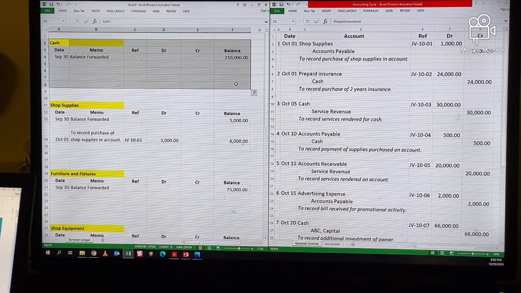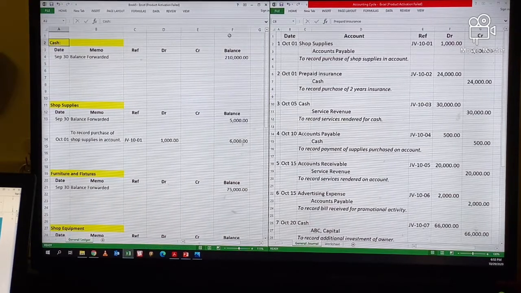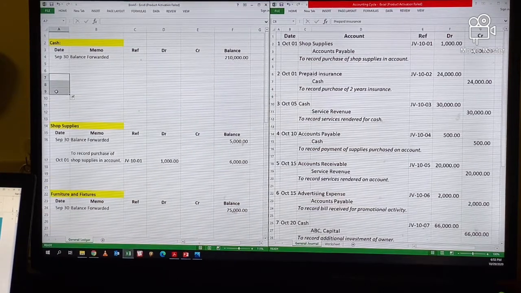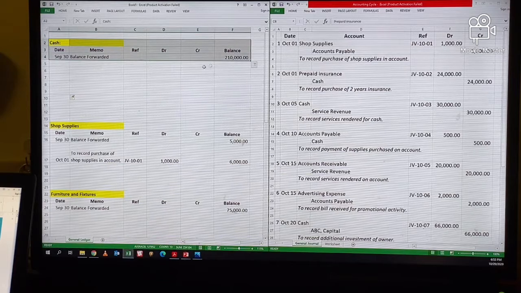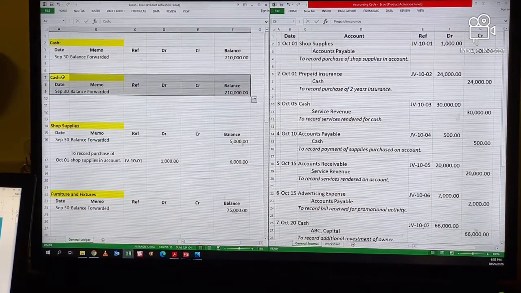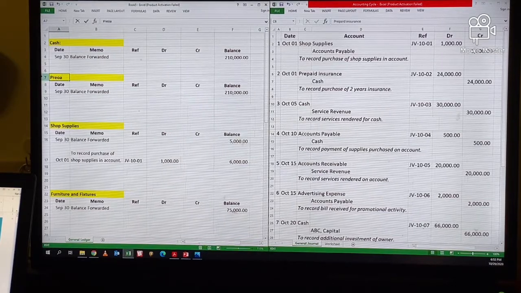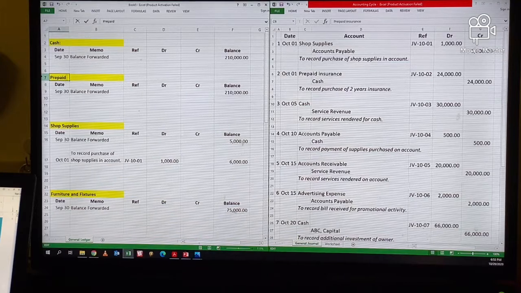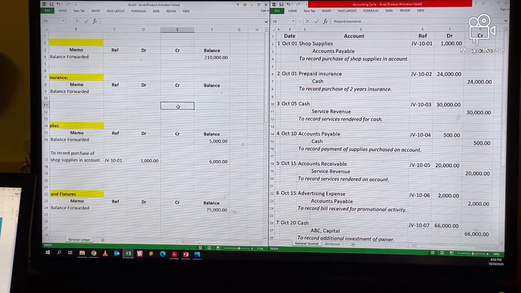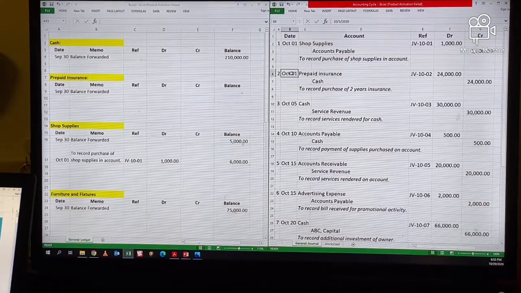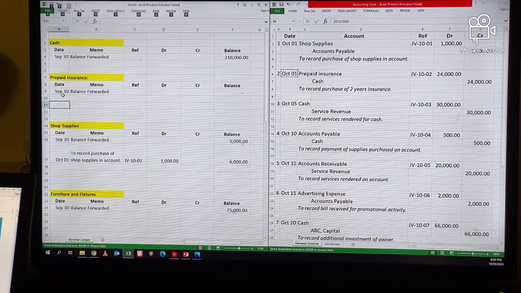Prepaid insurance comes after cash. Since it has no balance, I haven't made it yet. So let's create a new page for prepaid insurance. Balance forwarded at September 30 is none, it's 0.